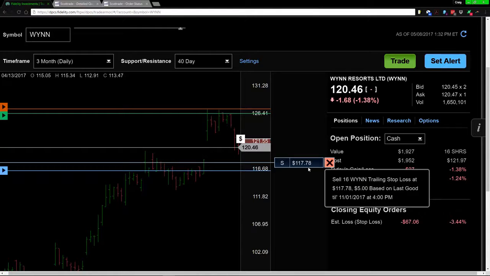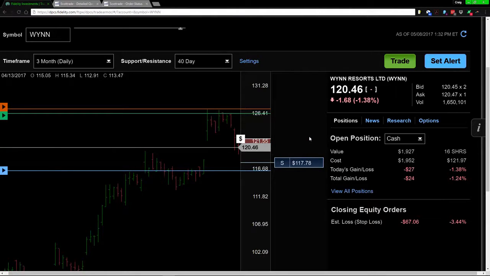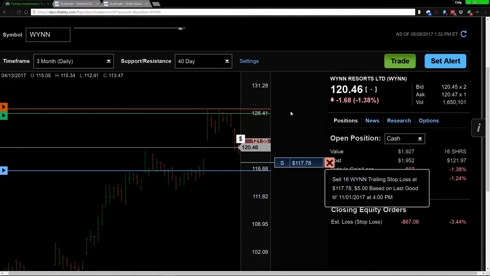That's obviously higher than what I set the loss at. So how does a trail work? This is where that comes into play. At 121.55, if that price increases, and I think it increased to 122.78, that would actually make it go up to 117.78.